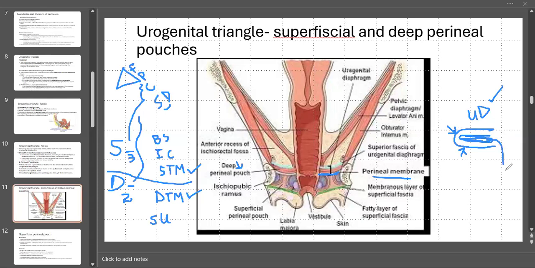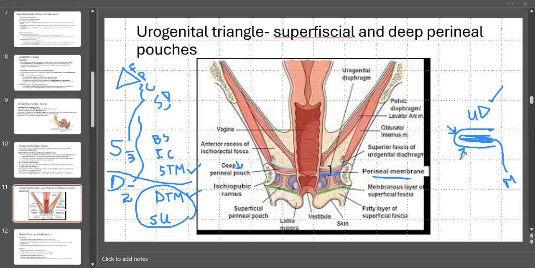So inside material is the deep group of muscles. Deep transverse muscles and sphincter urethrae, these two are the meaty part of the sandwich.